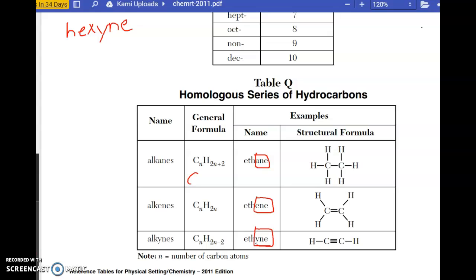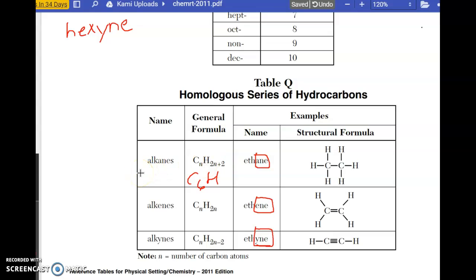So we start off with C6, so our n is 6 because there are 6 carbons. To figure out the hydrogen side, that's always where you have to do the math. You're just plugging in 6 for n.